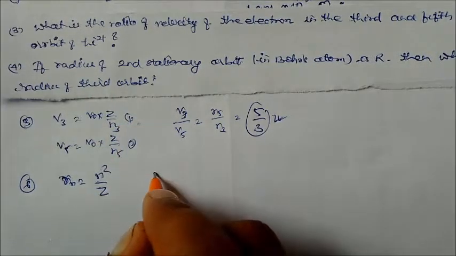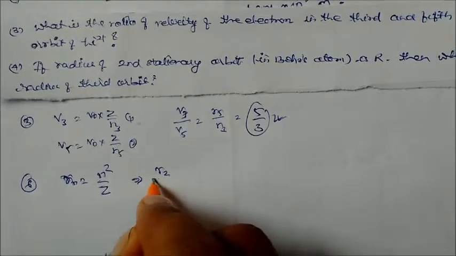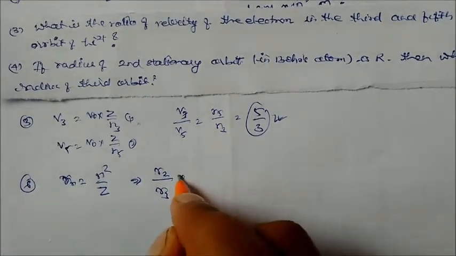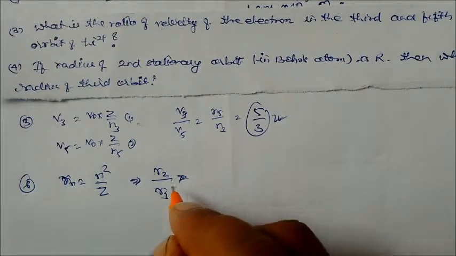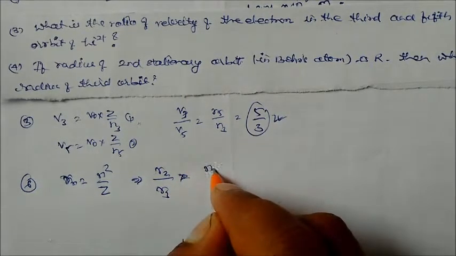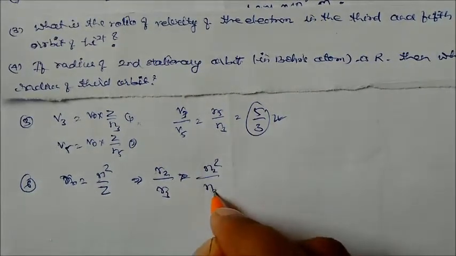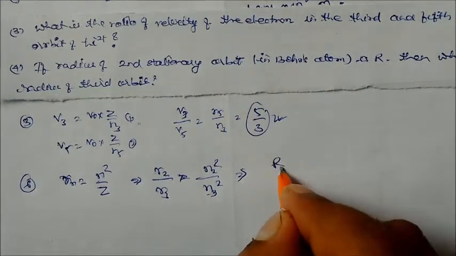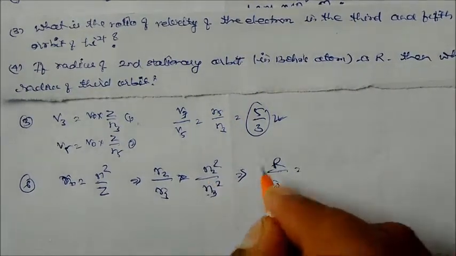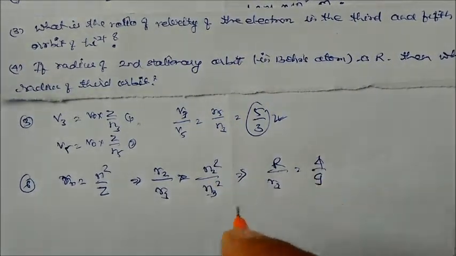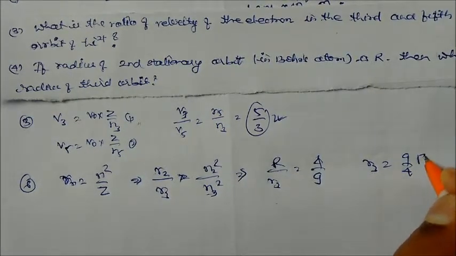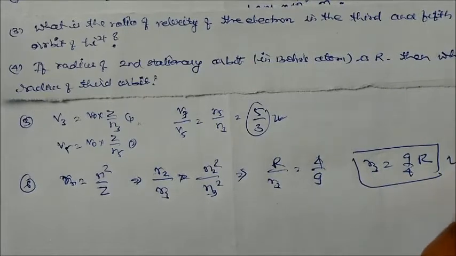The radius of the second orbit divided by the radius of the third orbit is n square by Z, so Z cancels. We write n2 square divided by n3 square. Now r2 is given as r, so r by r3 equals 4 by 9. So r3 will be 9 by 4 r. This is our answer.